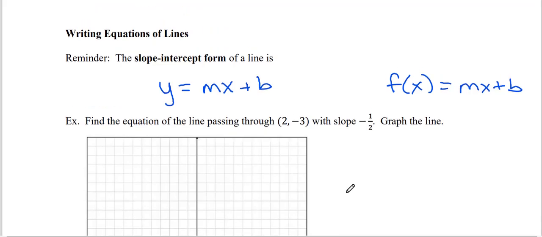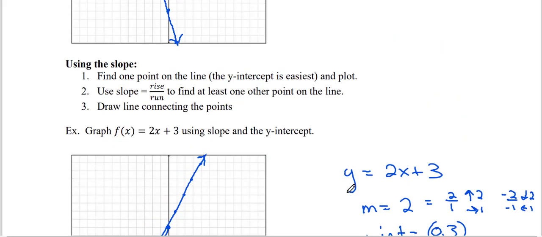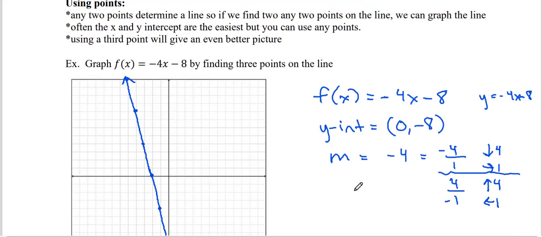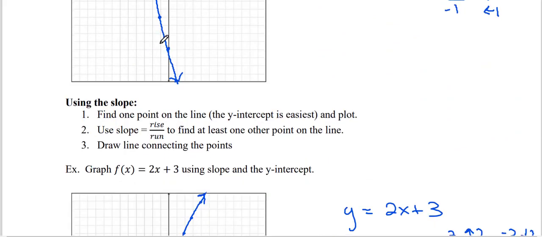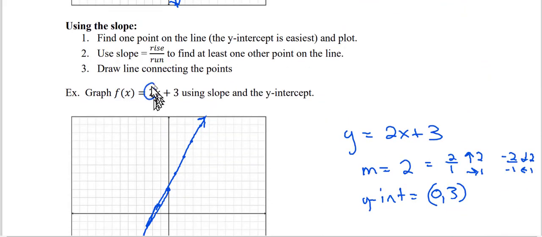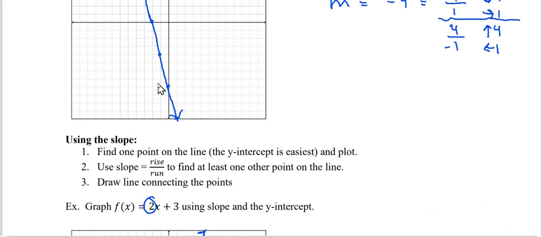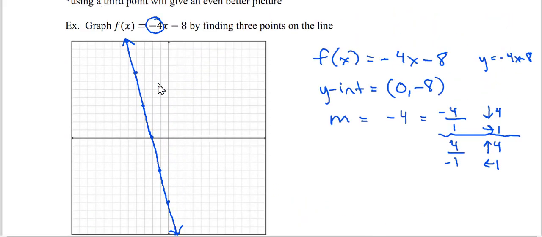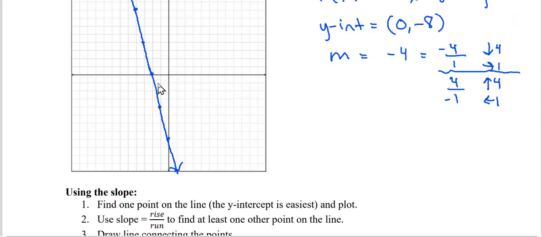One thing I did want to point out up here, since we're talking about slope, this line here had a slope of -4. That's a negative number. This line had a slope of +2, which is a positive number. Negative sloped lines are decreasing as you move from left to right.